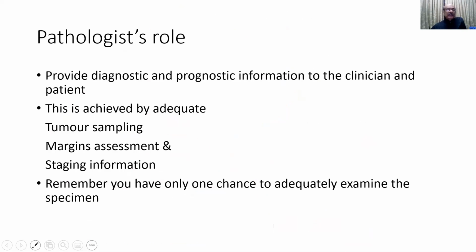This is achieved by adequate tumor sampling, margin assessment, staging information, and remember, you have only one chance to adequately examine this specimen. So be careful from the very beginning.